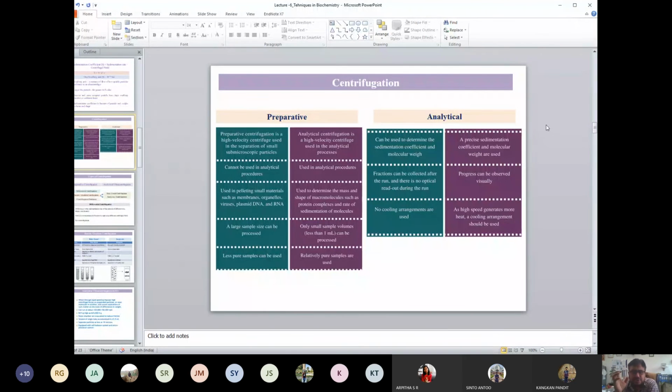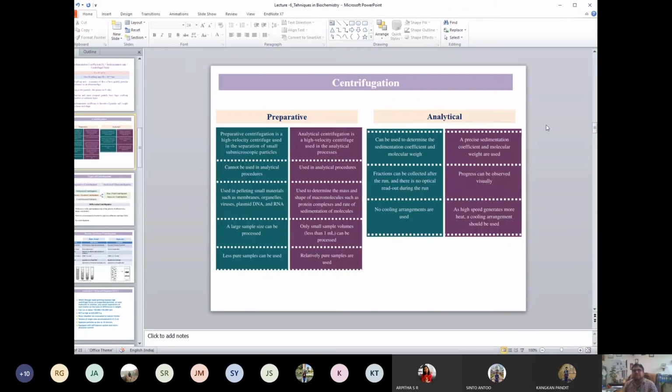Next, in case of preparative, no hard and fast rule that we need to have a specific temperature or specific parameters to use preparative centrifugation, whereas in case of analytical, different parameters are specified and you have to follow that in order to go for analytical centrifugation.